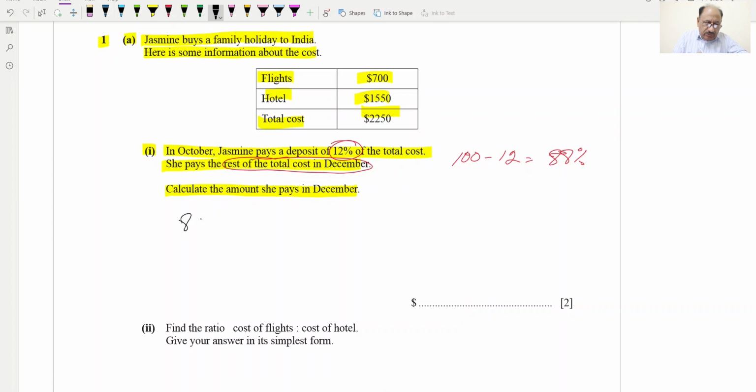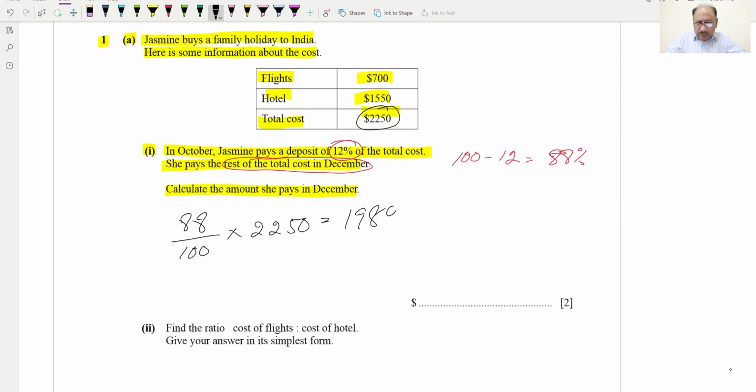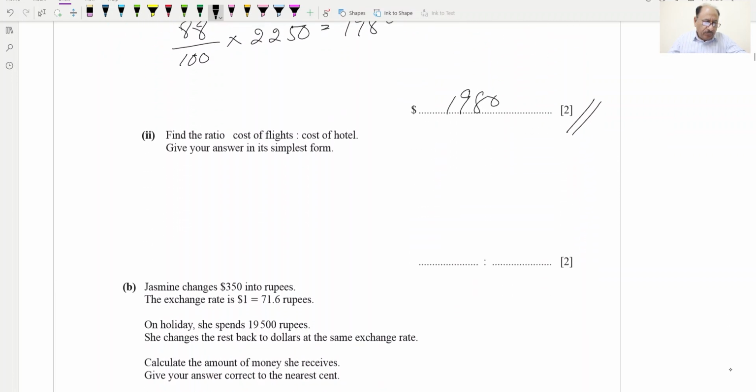So 88% of the total amount, and the total amount is $2250. This results in 88% multiplied by 2250, which is $1980. $1980 will be the answer, and this is a 2 marks question.